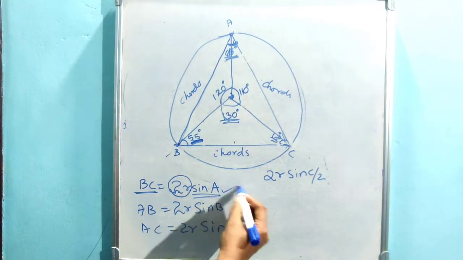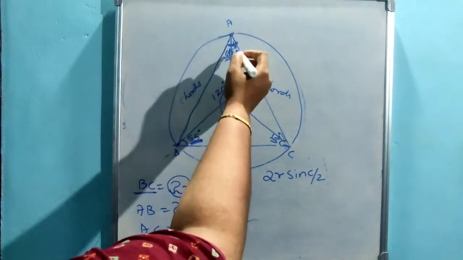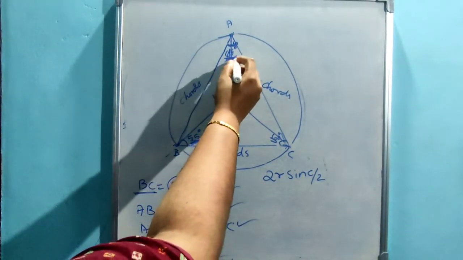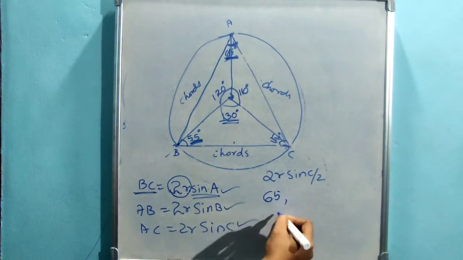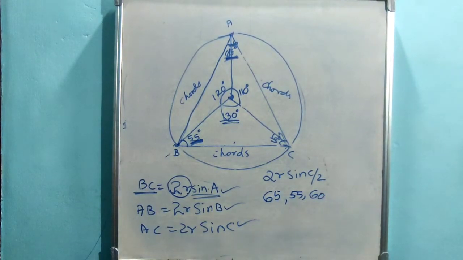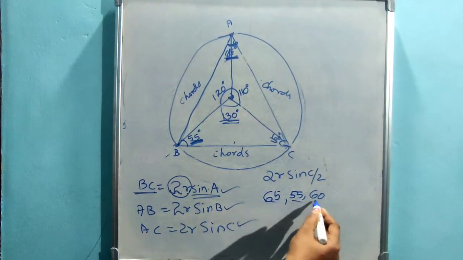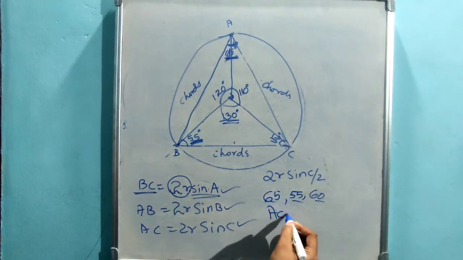We got all these angles like this. See, here we have this triangle. All the angles are less than 90 degree, right? 65 less than 90, 55 less than 90, 60 less than 90. That is, all the three angles are less than 90. These types of triangles are called acute angled triangles.